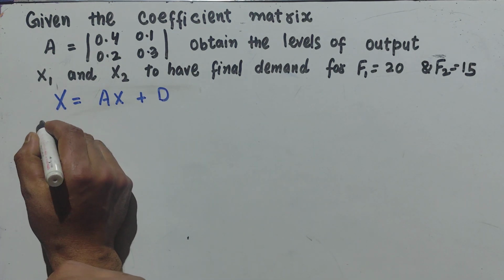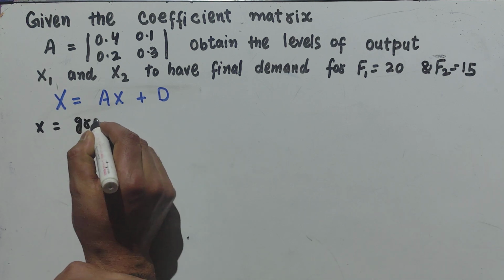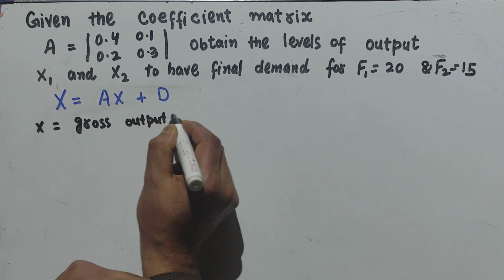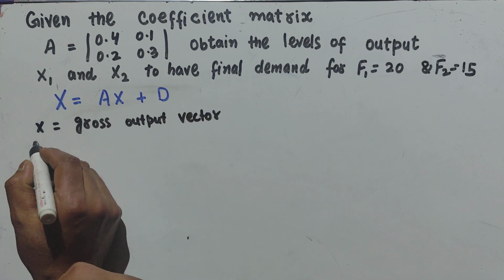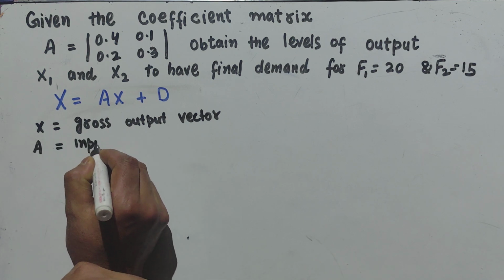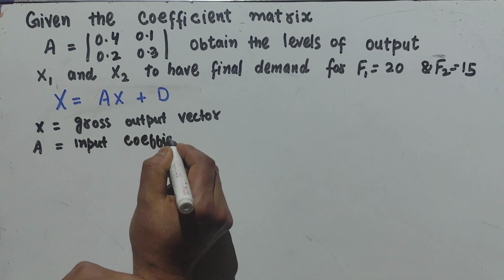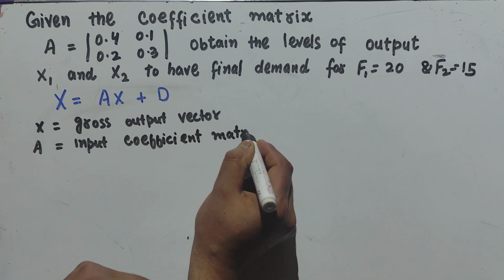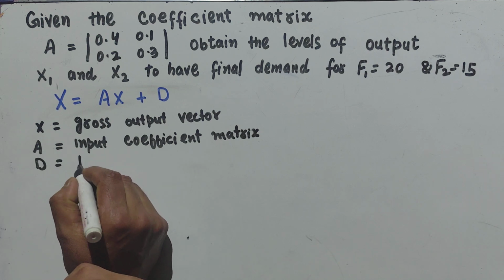X denotes the gross output vector, A is the coefficient matrix, or we call it the input coefficient matrix, and D denotes our final demand vector.